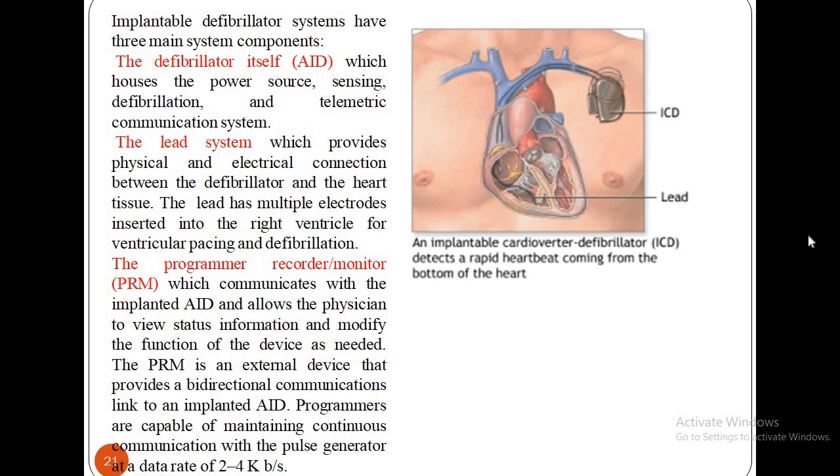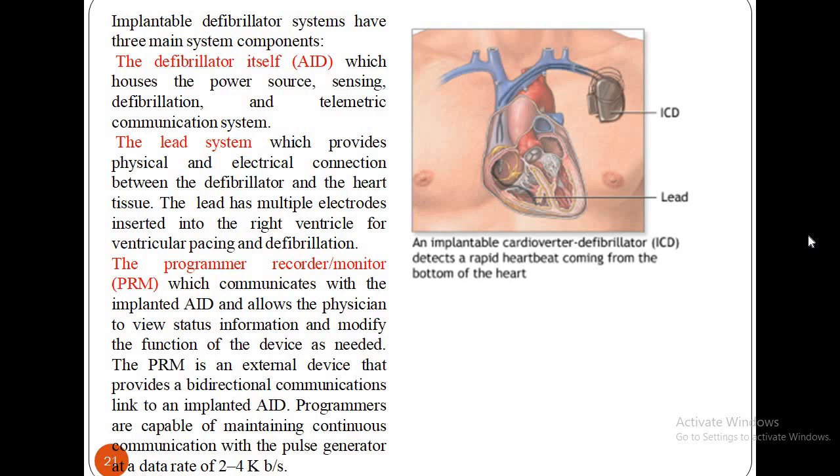Implantable defibrillator systems have 3 main system components: the defibrillator itself, the lead system, and the programmer, recorder or monitor. The AID houses the power source, sensing, defibrillation, pacing, and telemetric communication system. The lead system provides physical and electrical connection between the defibrillator and the heart tissue.